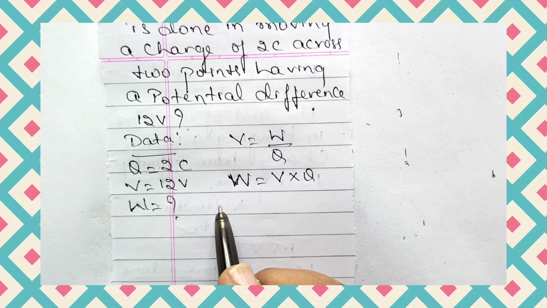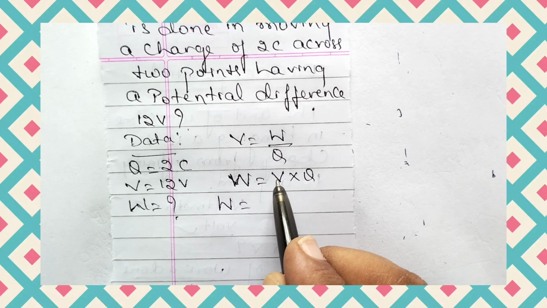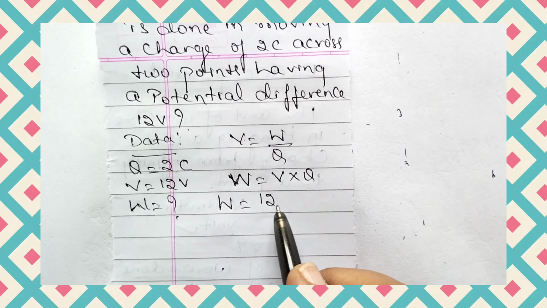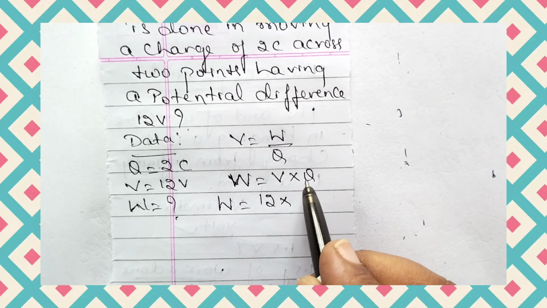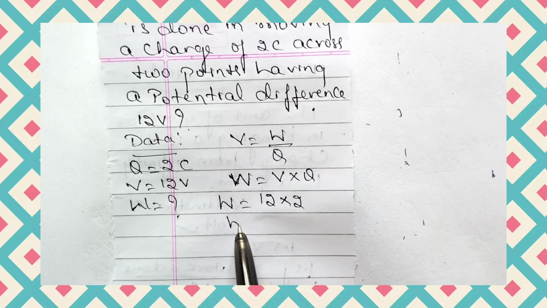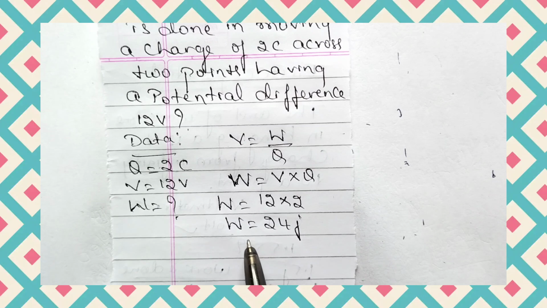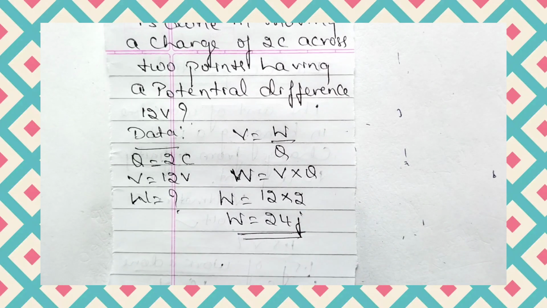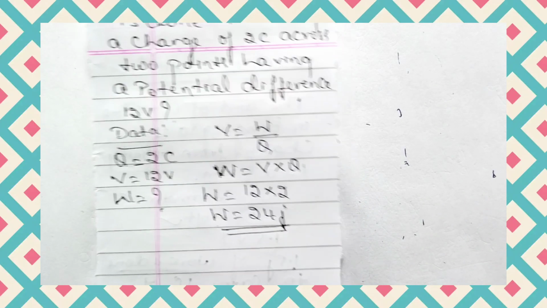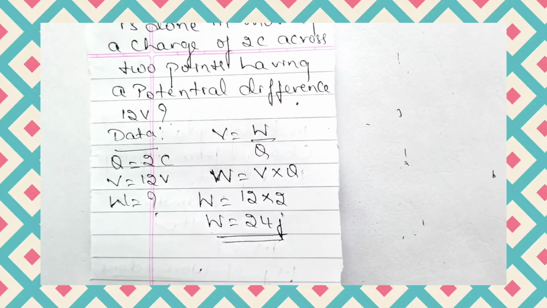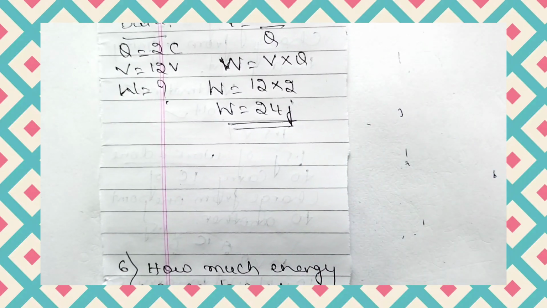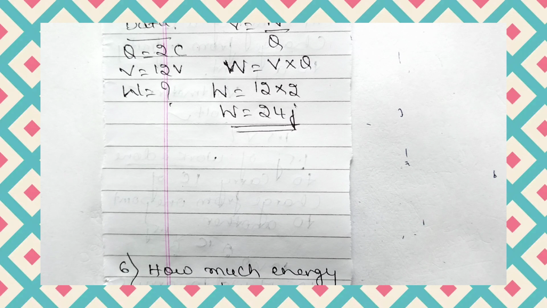So W is equal to V, voltage, that is potential difference, is 12 and charge is 2. So work done is equal to 12 2s are 24 joule. Joule is the SI unit of work done. Therefore 24 joules of work is done.